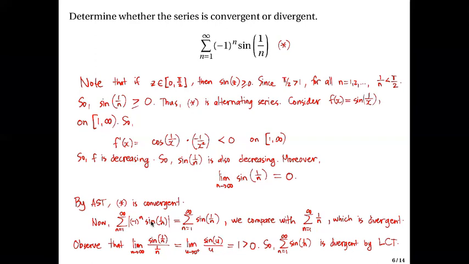Therefore, the series (-1)^n sine of 1 over n is conditionally convergent.